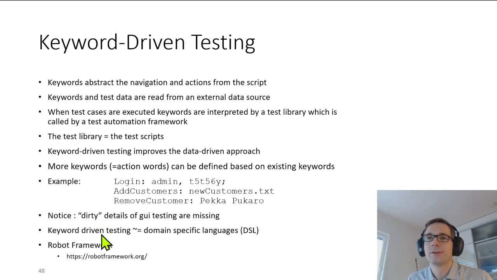And in some way, keyword-driven testing is very close to the idea of domain-specific languages, if you are aware of what that is. So just briefly, domain-specific languages represent the idea that the programming languages might not necessarily be at a sufficiently high level. So you would create another language that's even on a higher level.